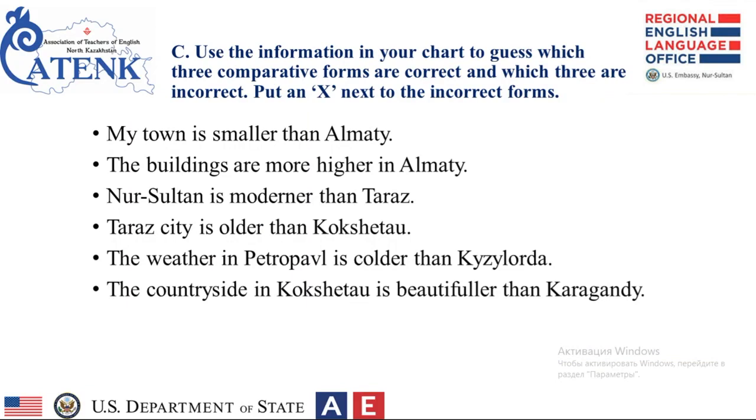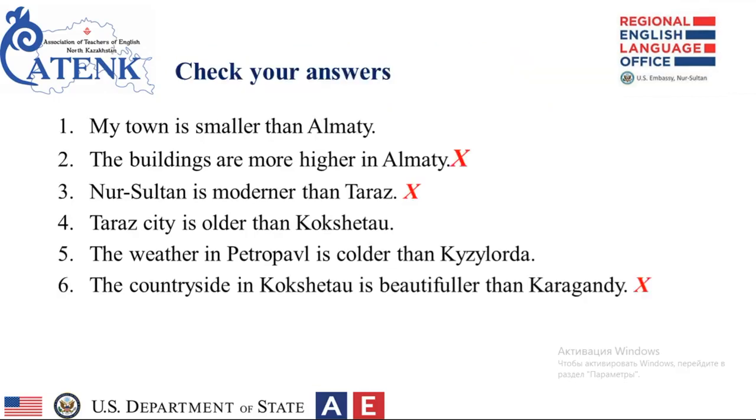Okay, the next task. Use the information in your chart to guess which 3 comparative forms are correct and which 3 are incorrect. Put an X to the incorrect forms. Now, check your answers. Do you have the same answers?